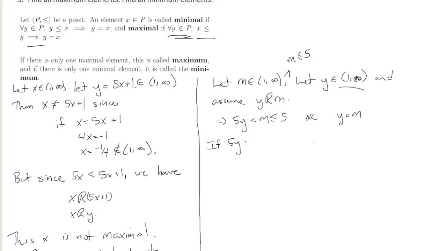If 5y is less than m, then 5y is certainly less than 5, which implies y is less than 1. Contradiction. That does not happen. Y is not less than 1 because y is in the interval from 1 to infinity. Thus, that doesn't happen. The only other possibility is that y equals m. And that's exactly the definition of m being minimal. M is minimal.